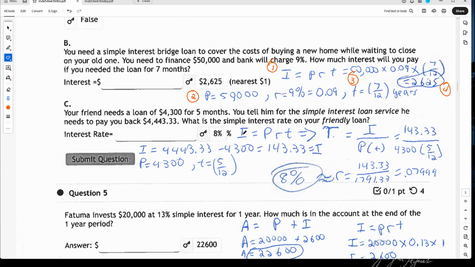So for the simple interest rate, I have my formula here, and I solve it for R. And I can plug in and solve for R here. In this case, my R is approximately 8%.